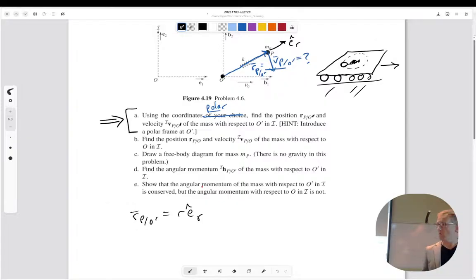If we need to know what the unit vector is, what the direction is, we can always calculate it, because it's cosine theta along that B1 plus sine theta along that B2. So we have a magnitude 1 vector that we can describe in terms of only theta. Theta is the only thing that changes that unit vector.